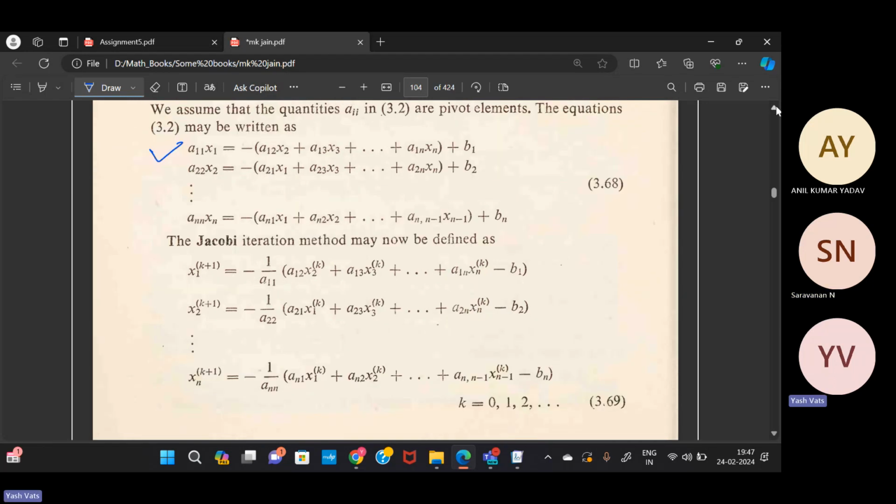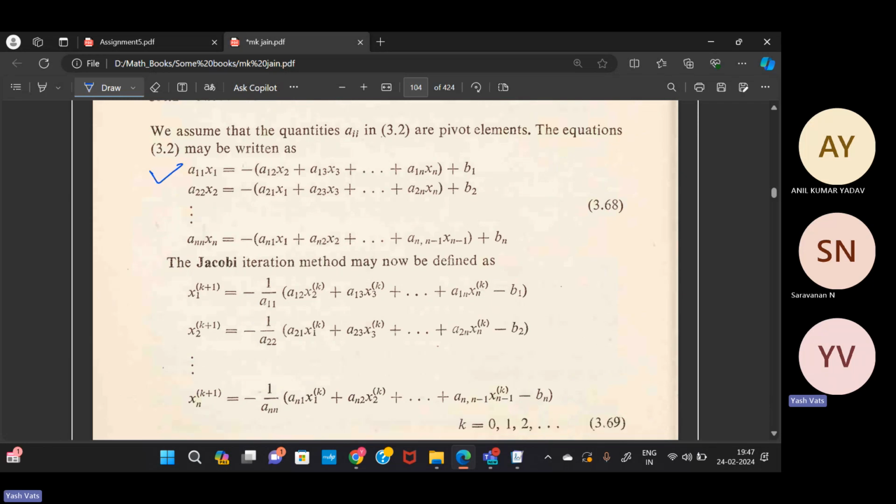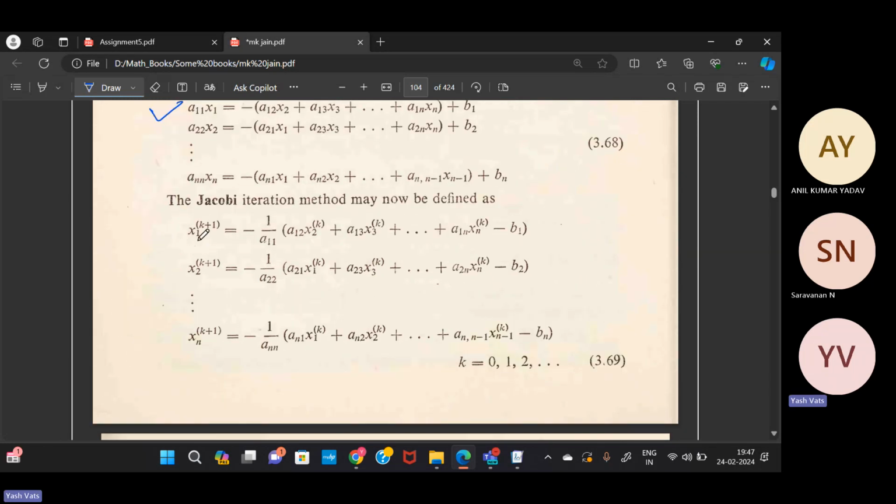Yeah. So in this, it's a general step actually. So x1 k plus 1 is what? x1 after the first iteration is just using the values from the previous iteration, right? So if k is 0 here, then x1 1 is basically minus 1 upon a11, a12 x2 0 plus a13 x3 0 and so on up to xn 0.